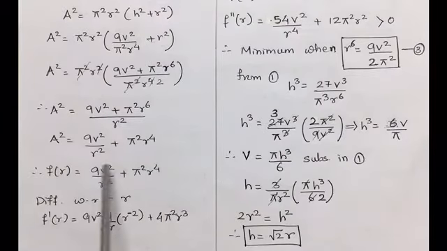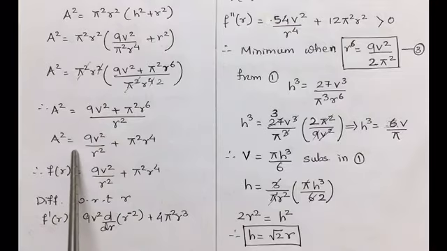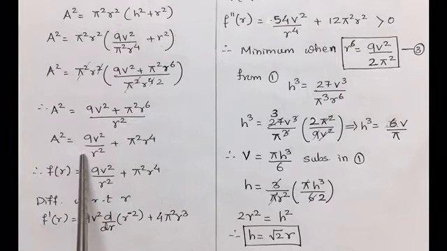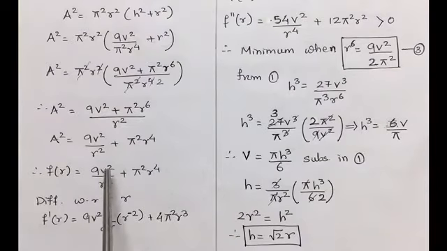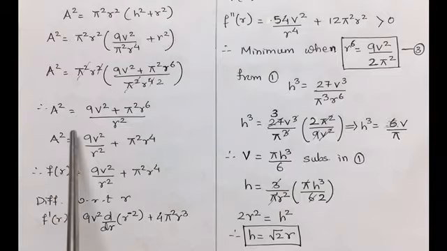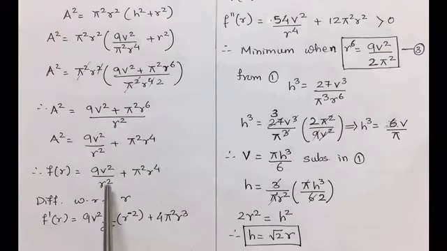To make our calculation and differentiation easier, we will mark it as f of r. So f of r means it is the A square statement, 9V square upon r square plus pi square r raised to 4.